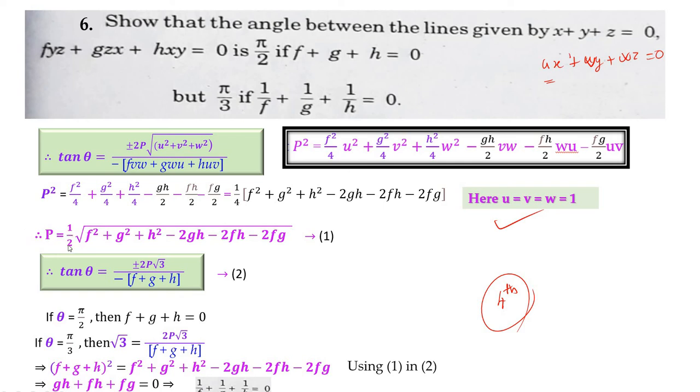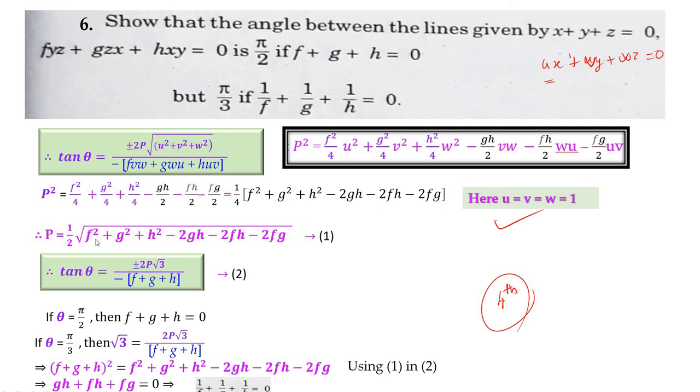P is nothing but half into square root of, we have from here p square. This is from the fourth problem, that all this we have, and this is further simplified in this way, because this f square by 4, when you take 1 by 4 out, this is what you get.